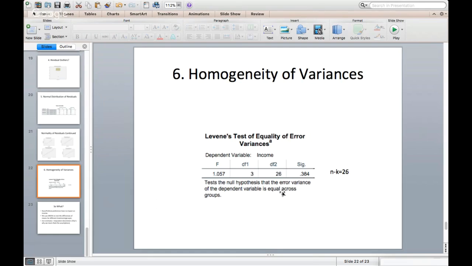And so we get another F statistic. For the degrees of freedom, we have 4 groups or cells, and 30 individuals total, because we had a nice balanced design, 15 and 15. Ultimately, we failed to reject the null hypothesis, so we can say that there was homogeneity of variances. So we did not violate assumption 6.